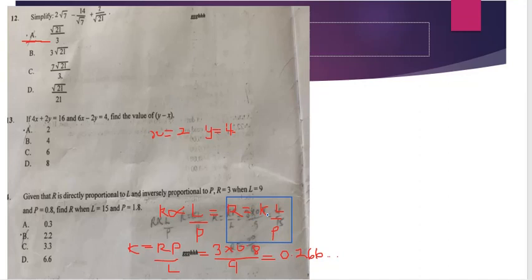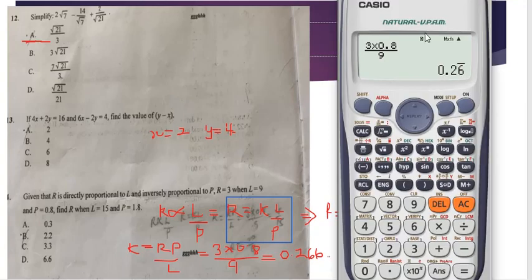Since we've been able to find K, we will try to find R. You know that K is 0.266, times L, which is 15, divided by P, which is 1.8. So we have to find R. Let's see how we find R.